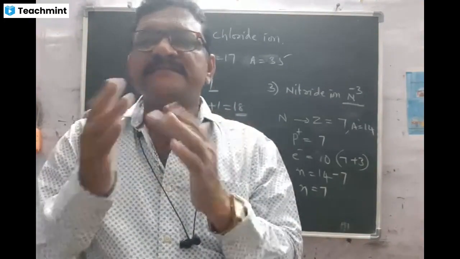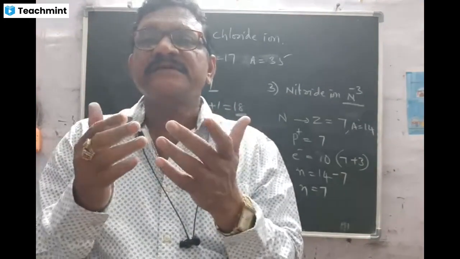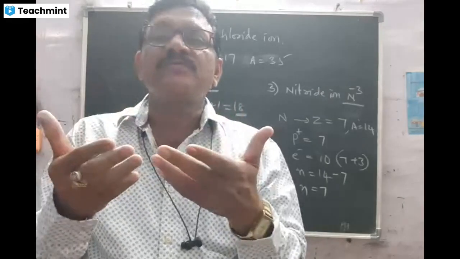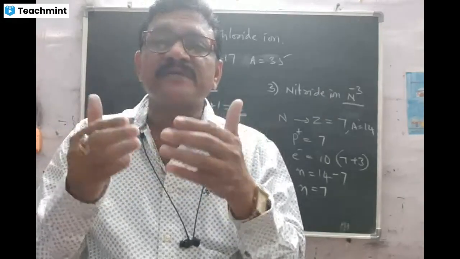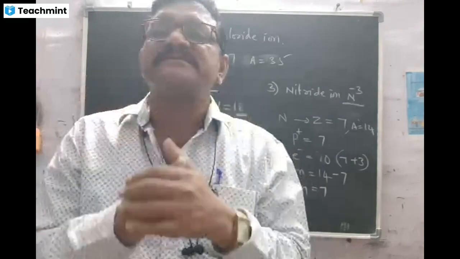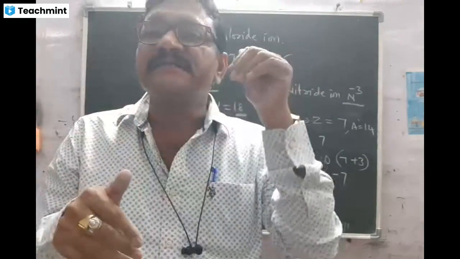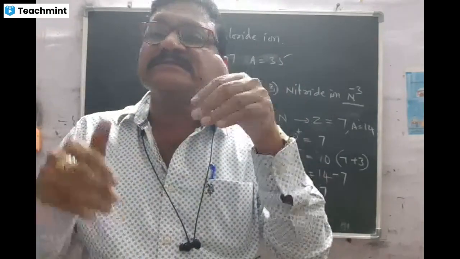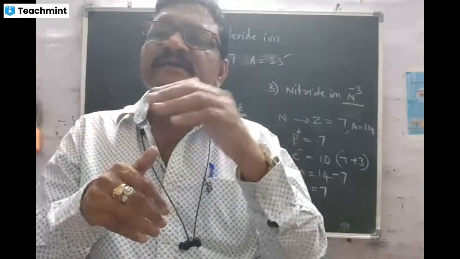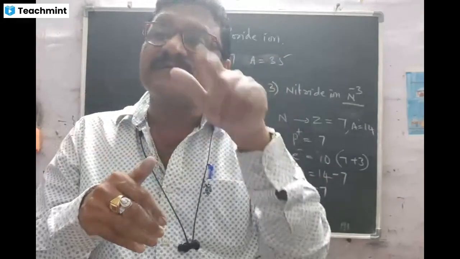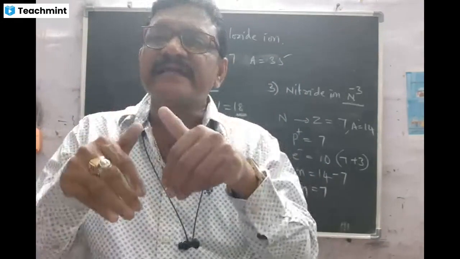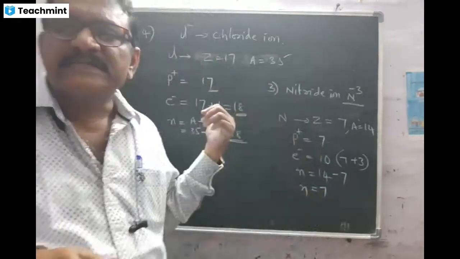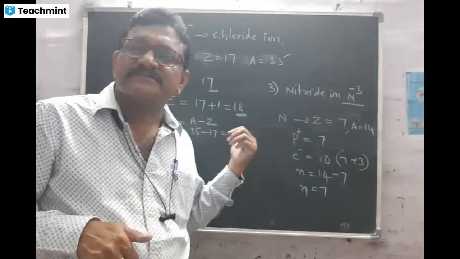With this knowledge, we can find out the number of electrons, protons, neutrons in ions, not in atoms, in ions. In the last class we calculated electrons, protons, neutrons in atoms. Today we calculated the presence of electrons, protons, neutrons in ions.